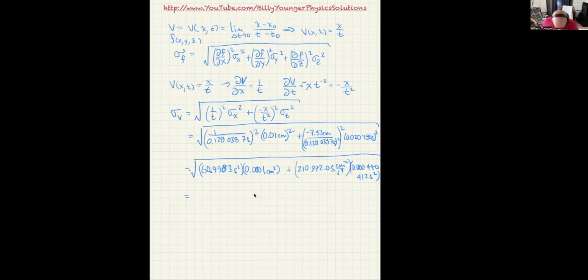So I'm just going to do it the old-fashioned way. 60.9983 times 0.0001. This gives me 0.0060998 centimeters squared per second squared.